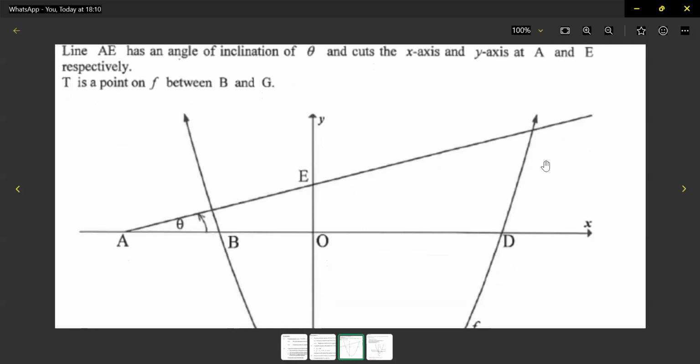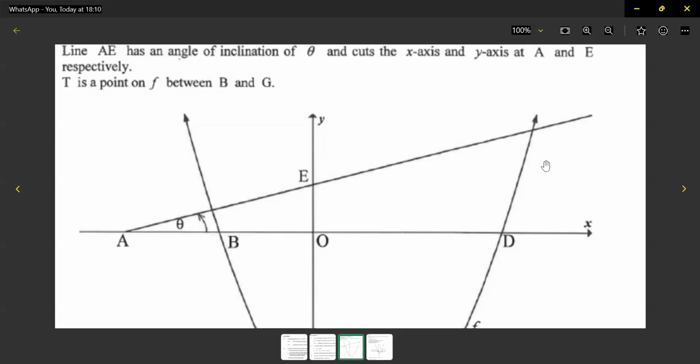And they say the line AE has an angle of inclination of theta. So now they're taking you back to analytical geometry, grade 11. The line AE has an angle of inclination of theta, and it cuts the x-axis and the y-axis at points A and E, respectively.